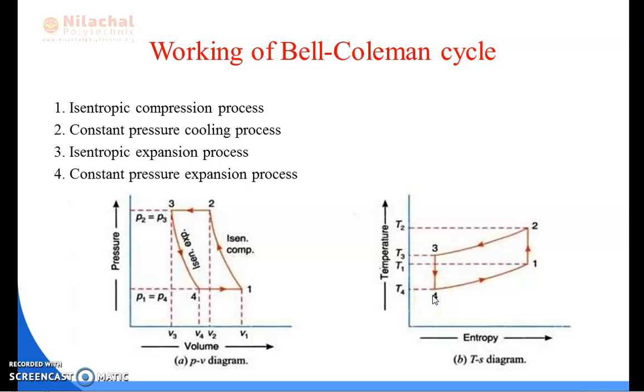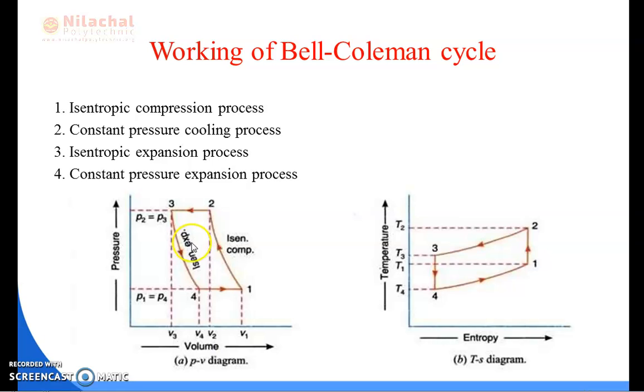The specific volume of air at entry to the refrigerator increases from V3 to V4. During the isoentropic expansion of air, no heat is absorbed or rejected by the air.